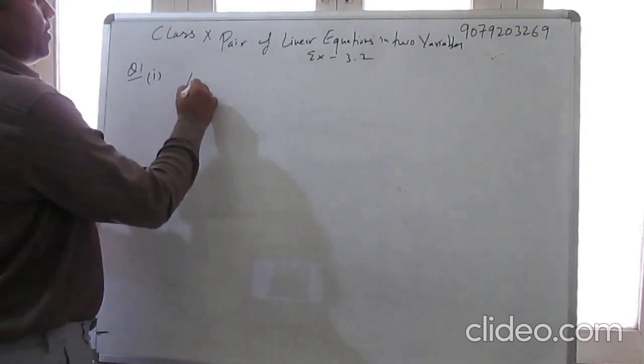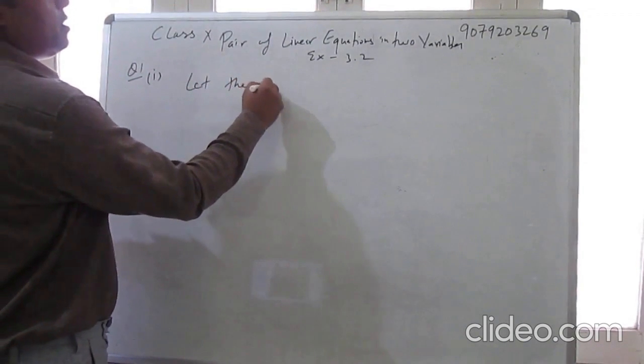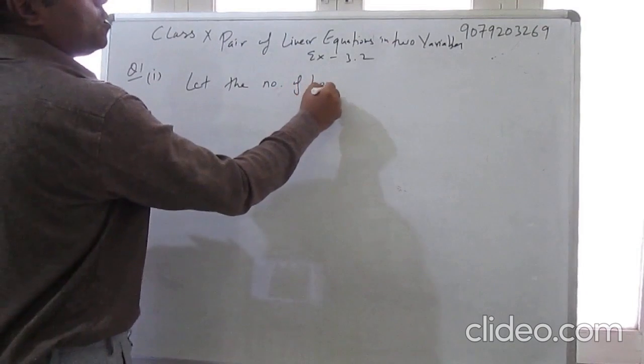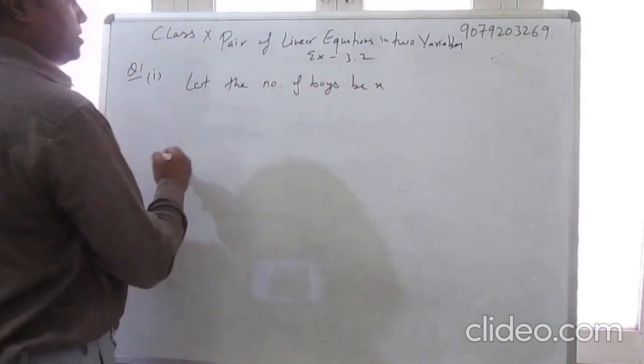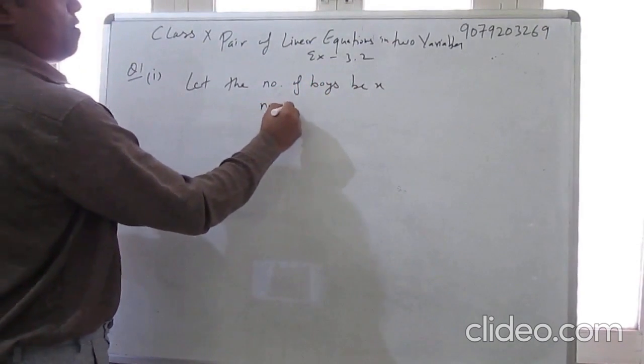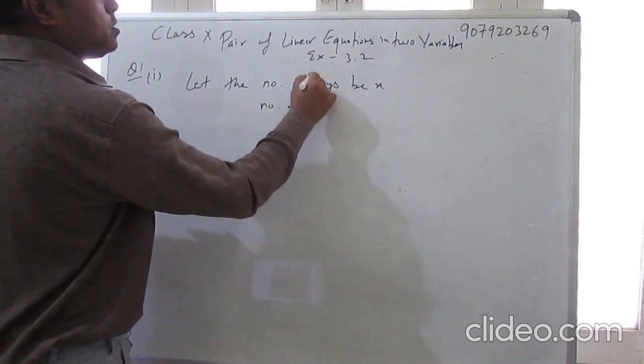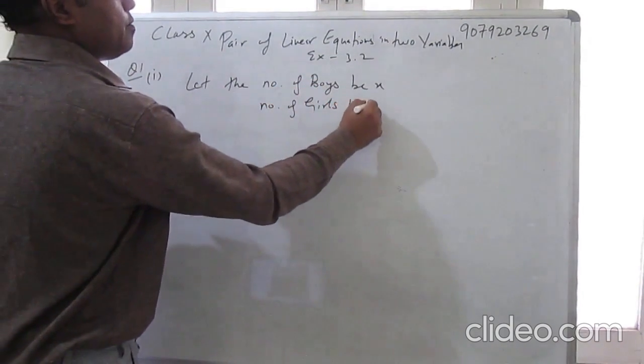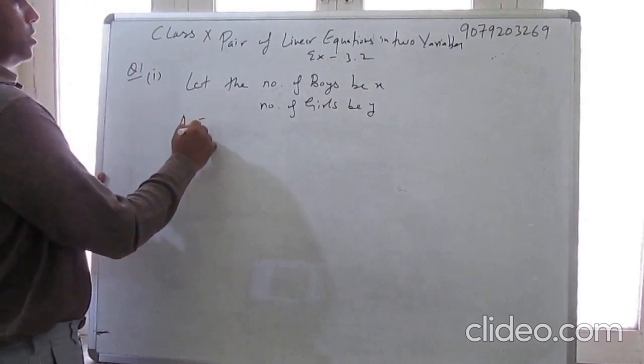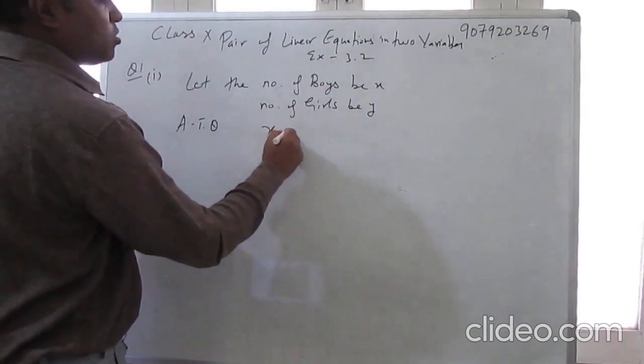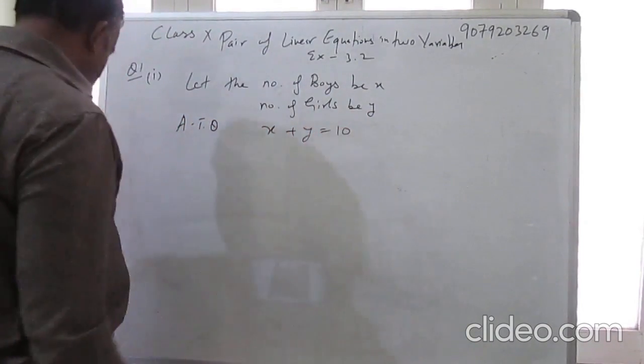Let the number of boys be x and the number of girls be y. According to the question, total students x plus y is 10.